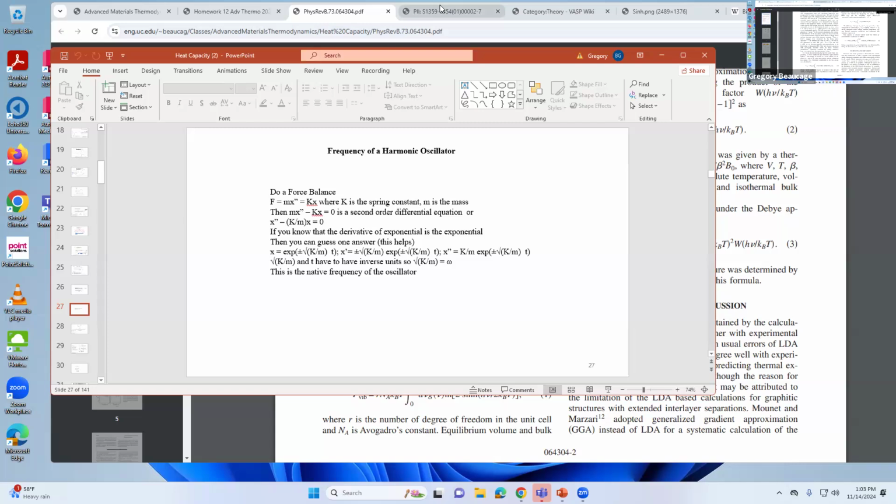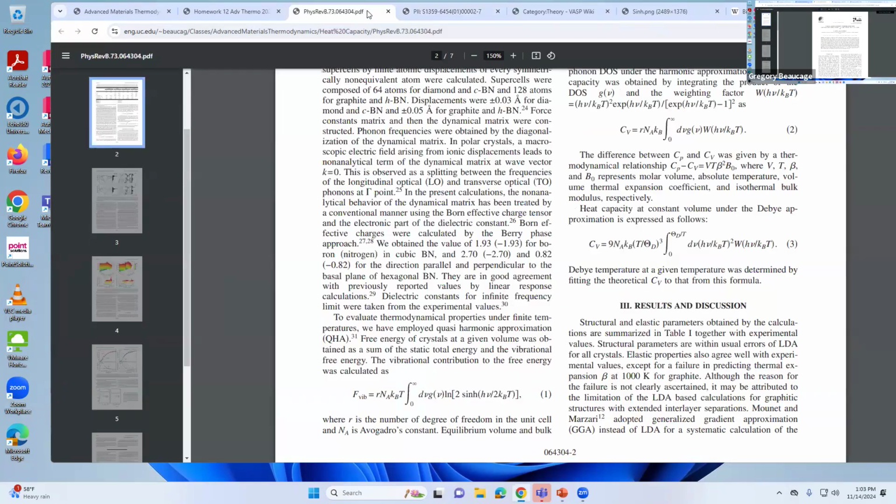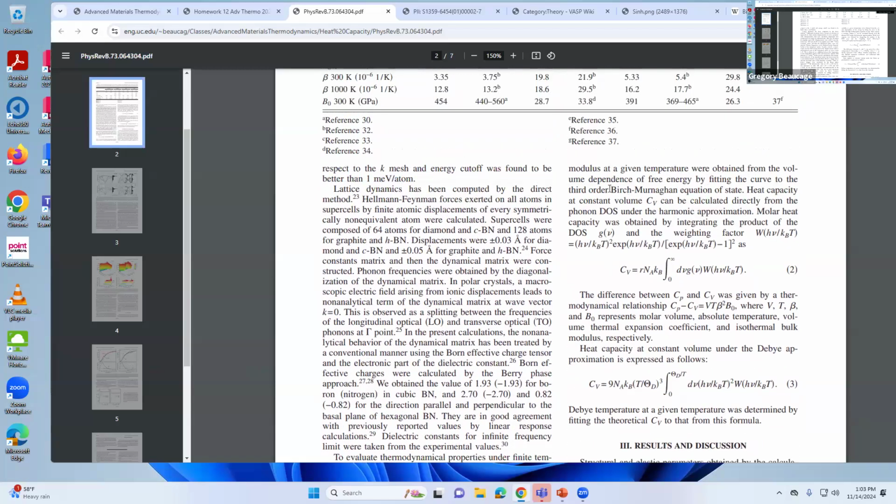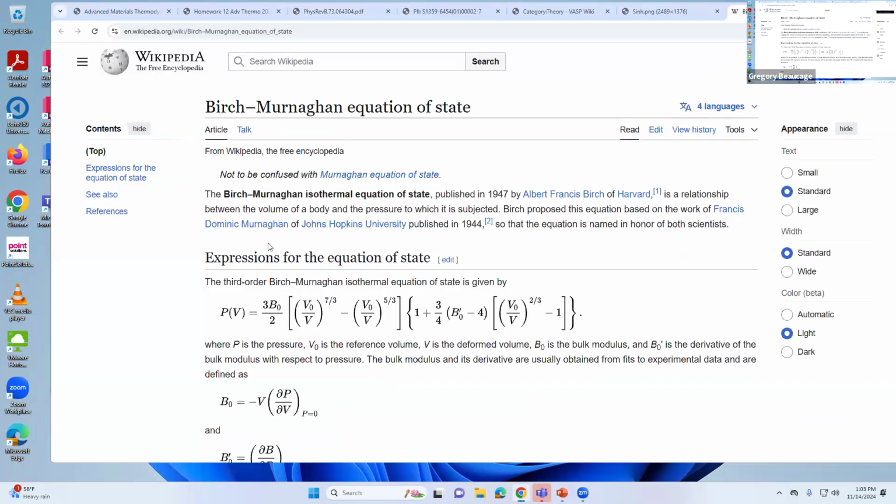So he does that, but he does it with this Birch-Murnaghan equation of state, which you can Google, so it's linked in there. Basically it's like a PV and RT type thing.